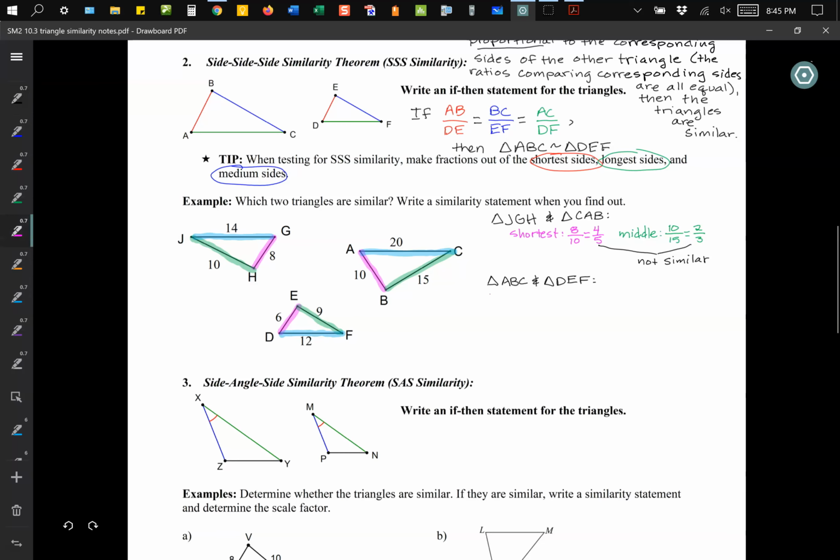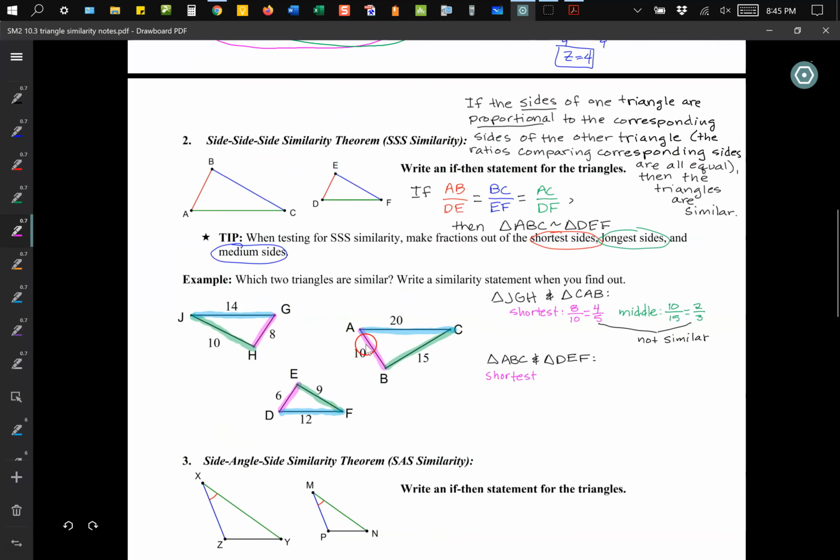So let's start with the shortest sides. So I'm doing this 10 right here, that shortest side over this shortest side. So 10/6. Those can both be divided by 2, so that gives me 5/3.